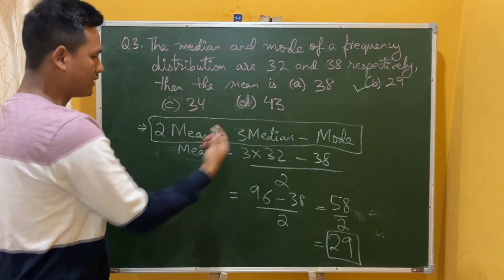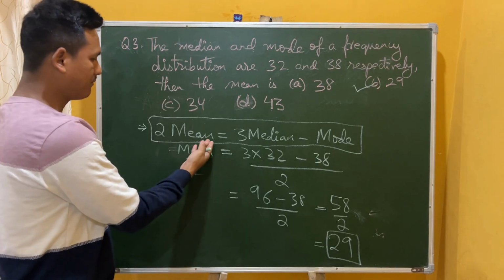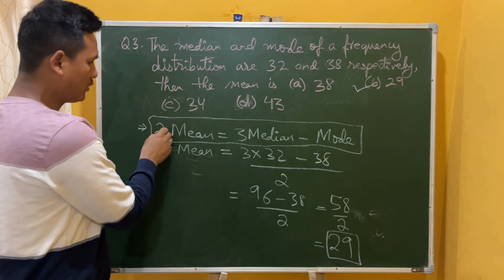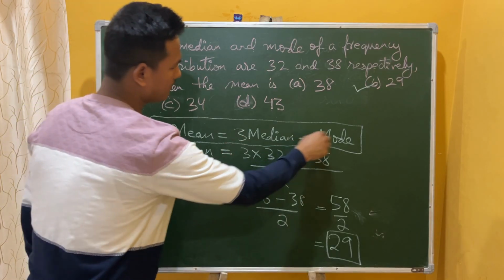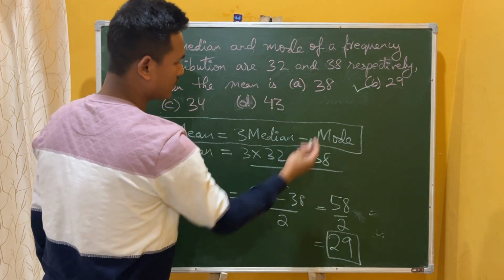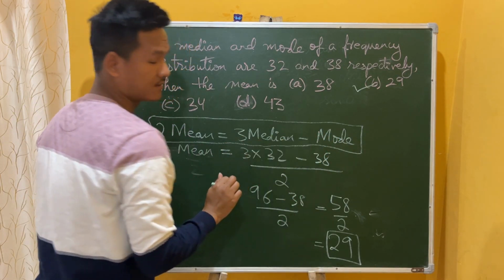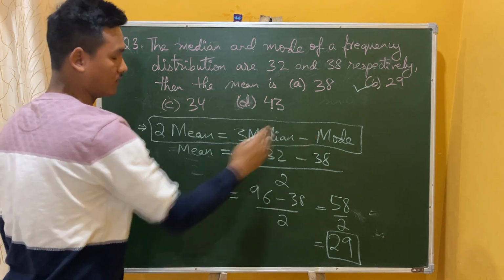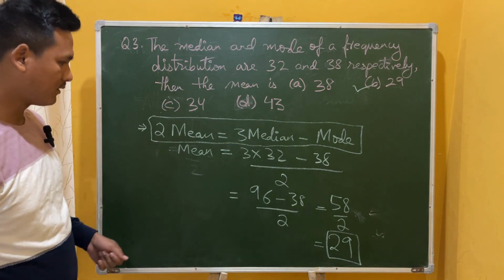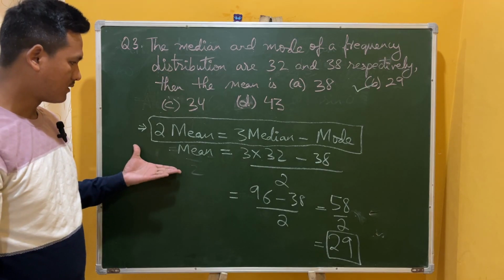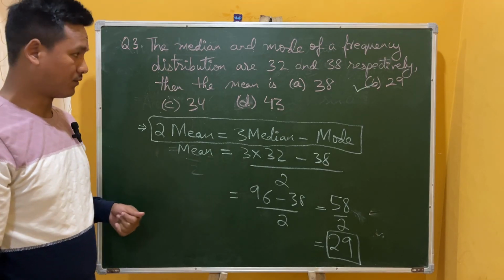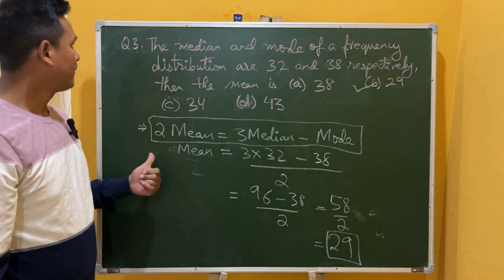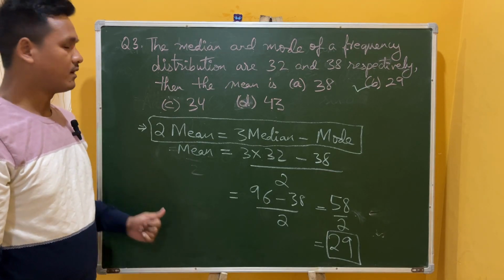And remember the numbers or the coefficients that come before them. Like for mean, write 2, 3, and the last one without the coefficient and with a minus. Mean, median, mode. If you remember this way, I think it will be easier for you. All right, let's do the next question now.